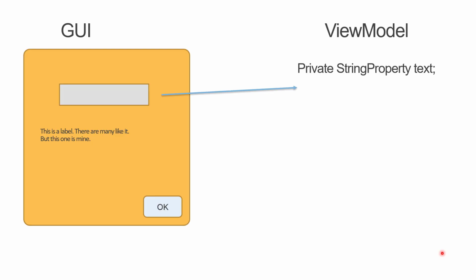So first a bit of a side note about the binding. All JavaFX components, may they be buttons or labels or pie charts or text fields or whatever, have a bunch of different properties.